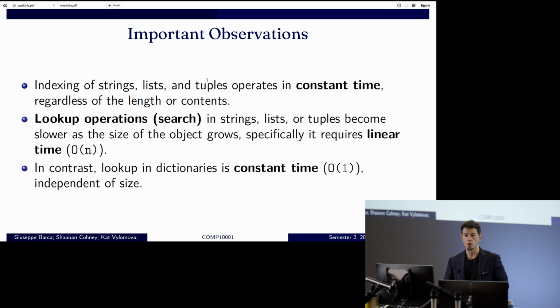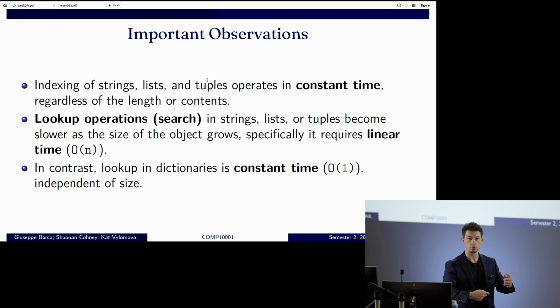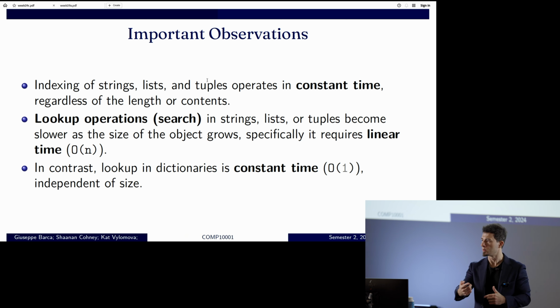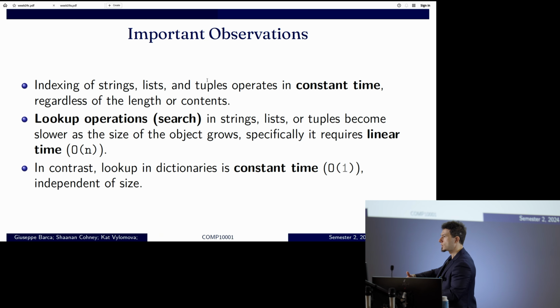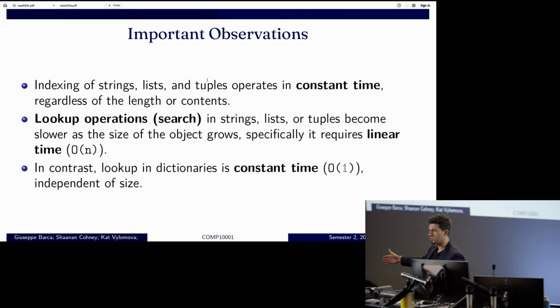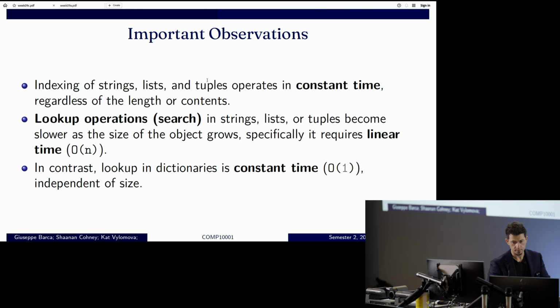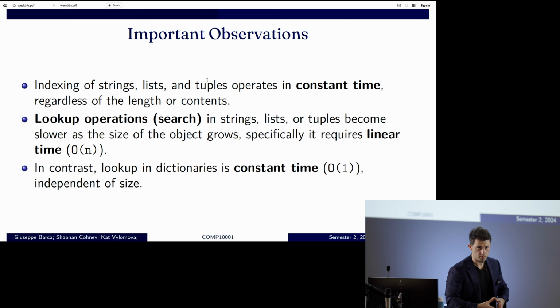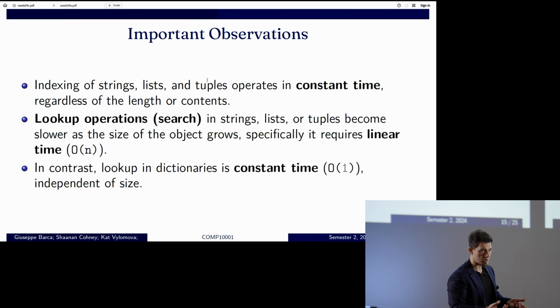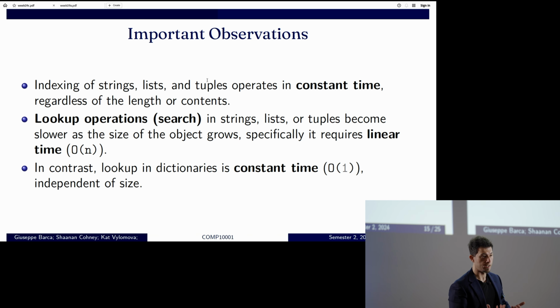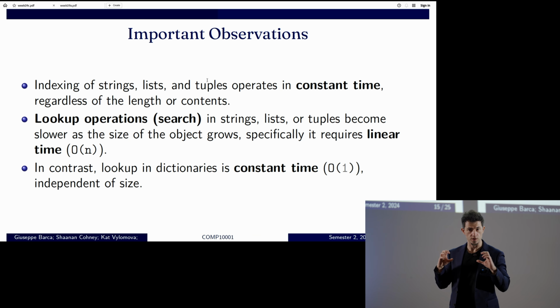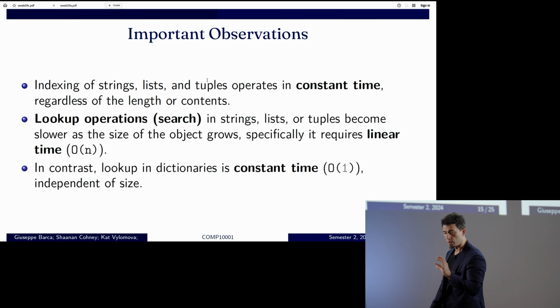Why is that? Because you literally have to run essentially a loop and search for that object, looking at all of them in the data structure. So it makes sense, right? If I have n elements and I keep growing them, then looking up in that data structure gets slower and slower. And in computer science, we say this has linear time complexity, which is that big O notation, order n.